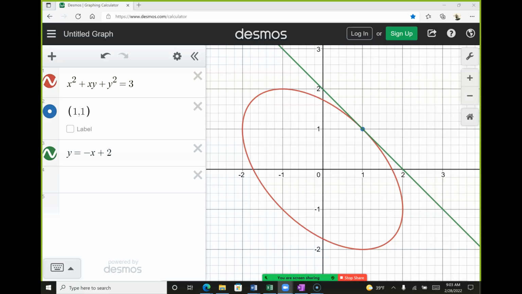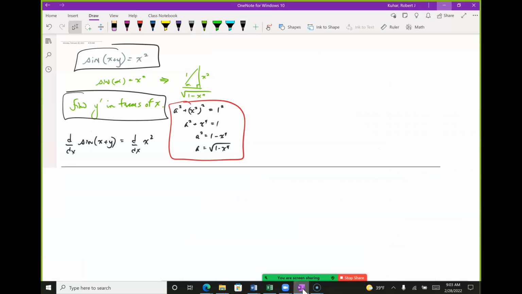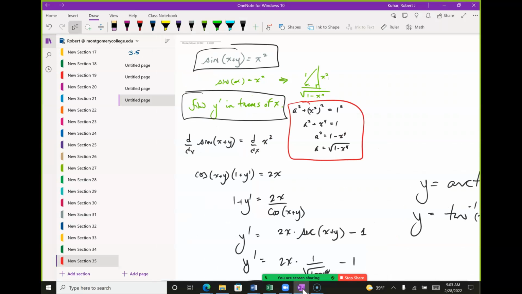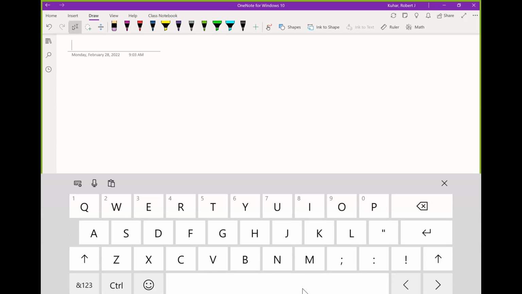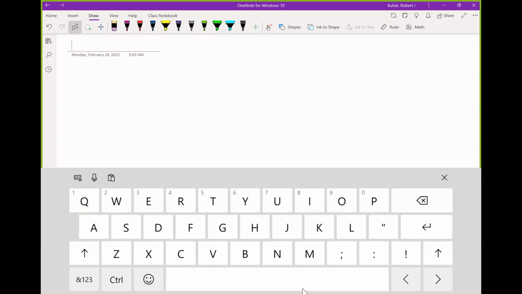Let's do another one. This is a pretty cool curve called the Folium of Descartes. So we'll do another one with the graph, and then we'll do another one with the... This is all in 3.5.